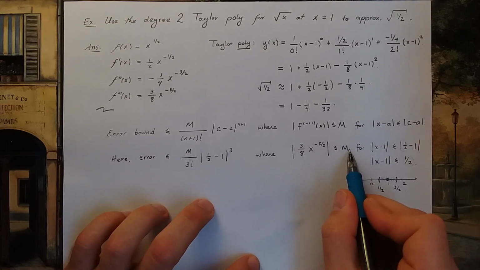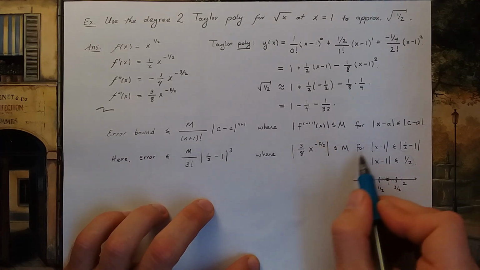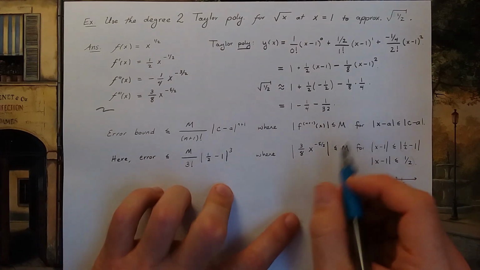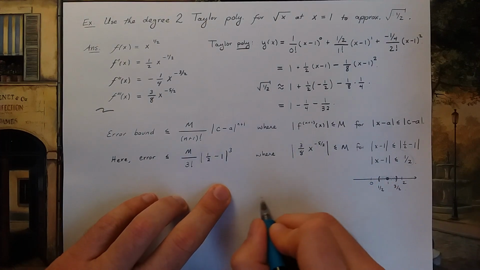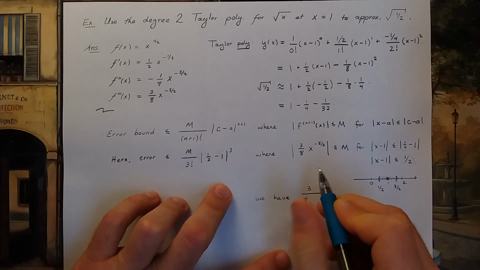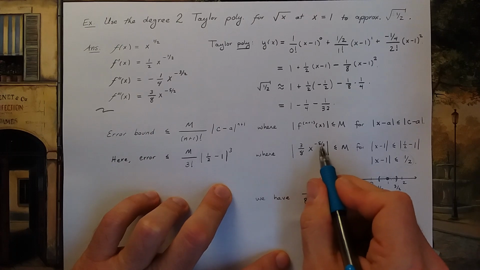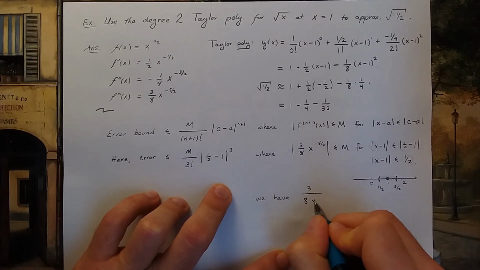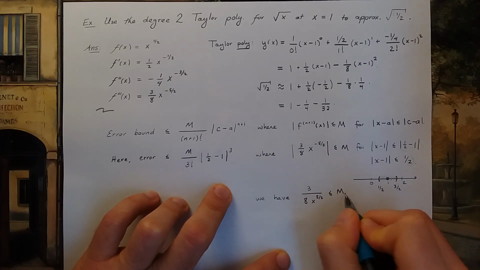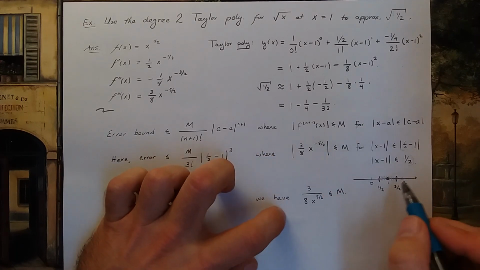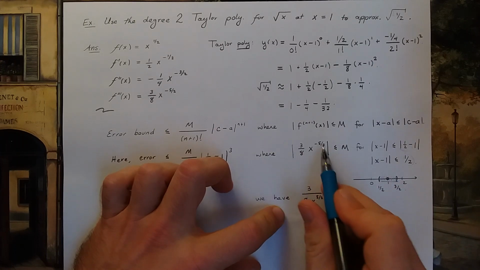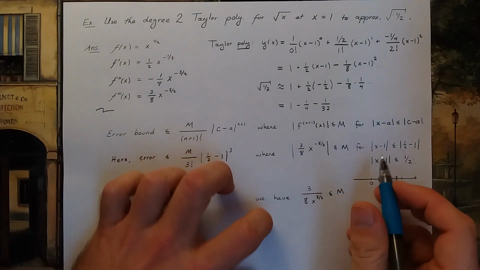And I need the M to satisfy this condition right here. Well, if you rewrite this part, we have 3/8, and then I'm going to write this negative exponent as a division. So I have x to the 5/2 power. That has to be less than or equal to M. Now I dropped the absolute values because if I plug in any value of x in this interval, I always get a positive number. So the absolute values don't really do anything.